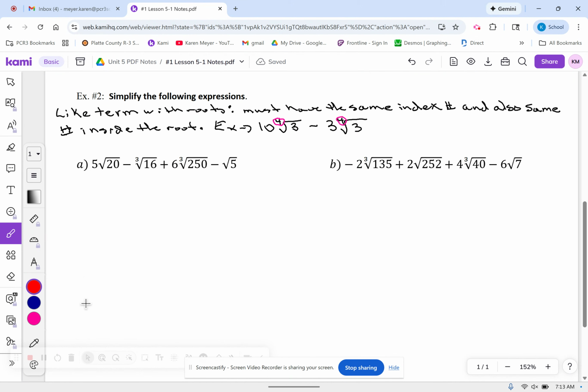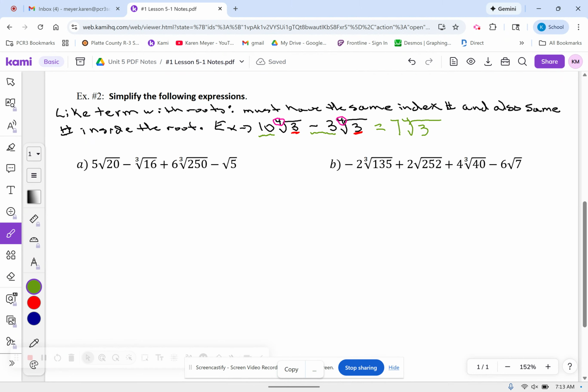Then they both have a number 3 underneath it, boom. So if those are both true, then you're going to look at the outside numbers, which are 10 minus 3. So 10 minus 3 is 7. And then you will keep the 4th root of 3 attached to it.